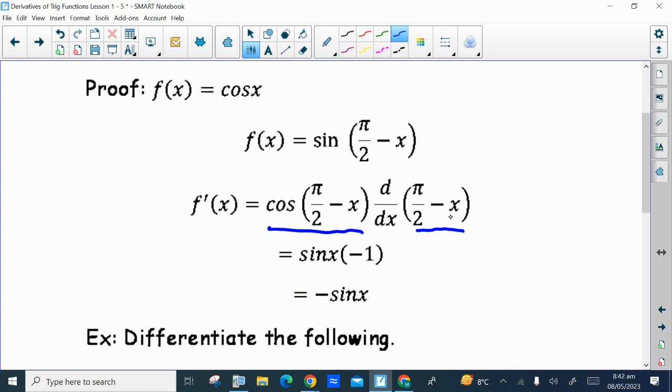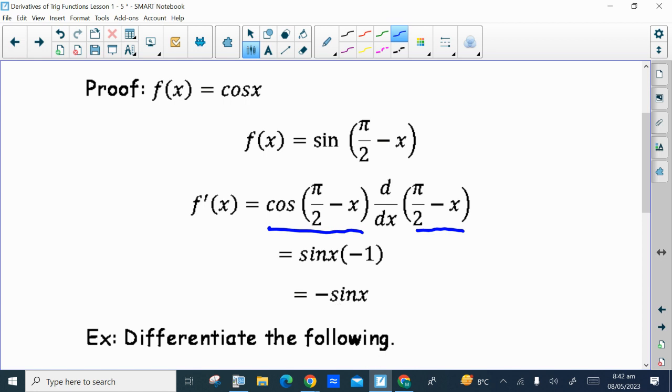The derivative of negative x is negative 1, so that's where you'll get this negative 1 from. And if you look at the related angle identities on the formula sheet, the cosine of pi on 2 minus x is equal to the sine of x. So that's where that sine x comes from, times the negative 1, which is the derivative of pi on 2 minus x. Sine x times negative 1 is negative sine x.